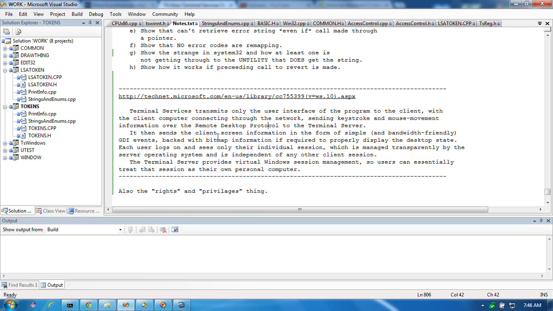Okay, I'm moving my mouse around, and that is being sent to the terminal server through RDP, and then the terminal server is sending back to me, the client, screen information in the form of bandwidth-friendly, thank goodness, GDI events, and sometimes bitmap information to properly display the desktop state were I really in the office.